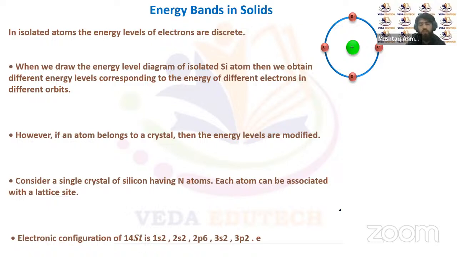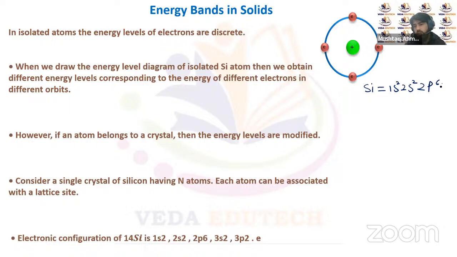Similarly, if we have silicon, silicon has the atomic number of 14. It means that the neutral silicon atom contains 14 electrons in its orbit. So if we draw the electronic configuration for silicon, it will be 1s2, 2s2, and we'll have the 2p6 configuration.